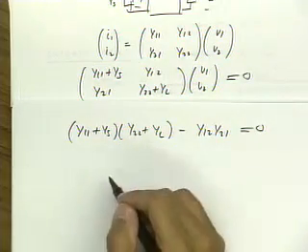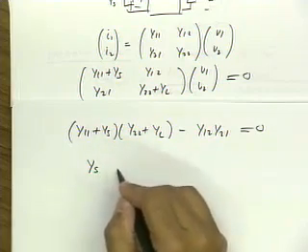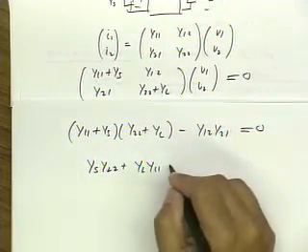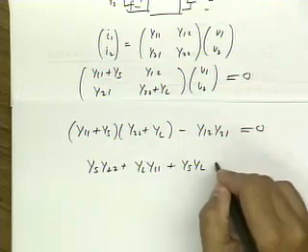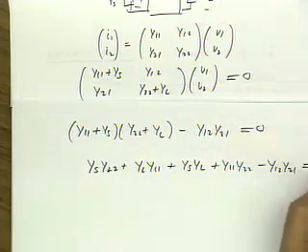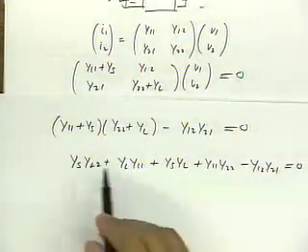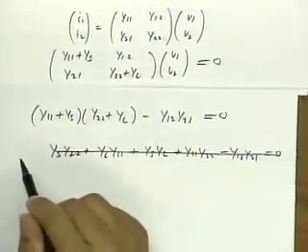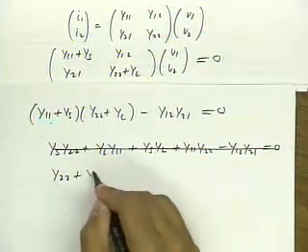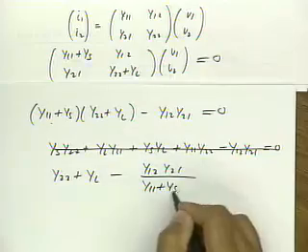And if I now expand this out, I have YS, Y22, YL, Y11, YS, YL, Y11, Y22 minus Y12, Y21 equal to 0. And actually, let me do it a different way. This is too complicated. Let me just divide this equation by this term here. So I get Y22 plus YL minus Y12, Y21 over Y11 plus YS equals 0.